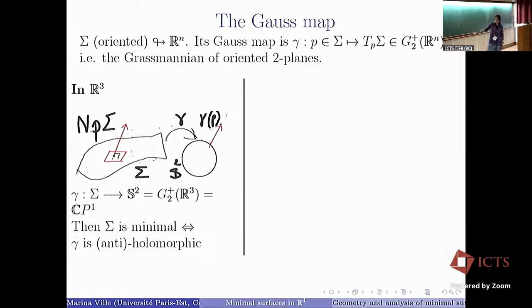In R4, we have not one Gauss map, but two Gauss maps, because the Grassmannian of oriented two-planes is a product of two projective lines. This is also very classical. There are several points of view, which are all equivalent.